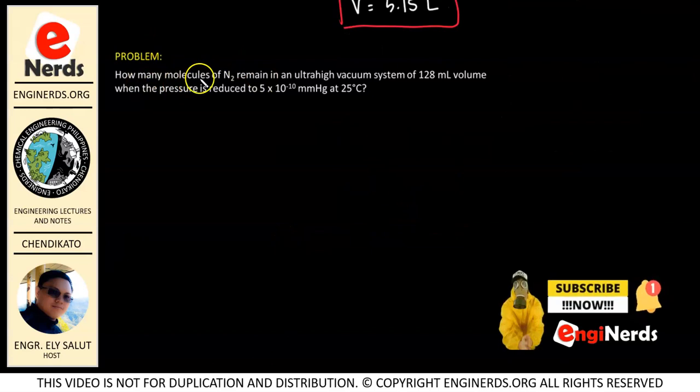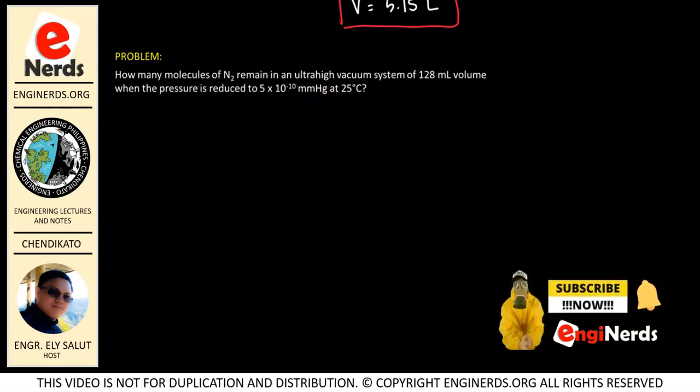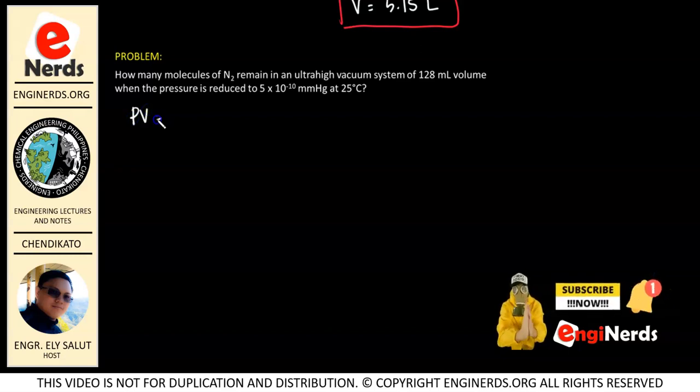So how many moles of N2 remain in an ultra-high vacuum system of 128 milliliter volume when the pressure is reduced to 5 times 10 to the negative 10 millimeter mercury at 25 degrees Celsius? Okay? So, we are still going to use our equation PV is equal to nRT.